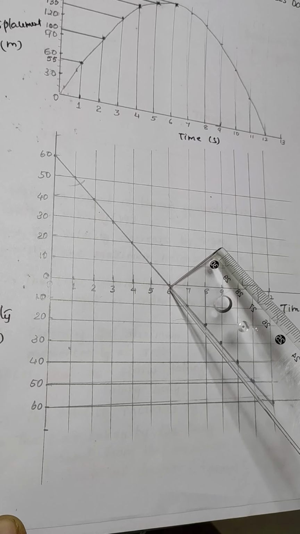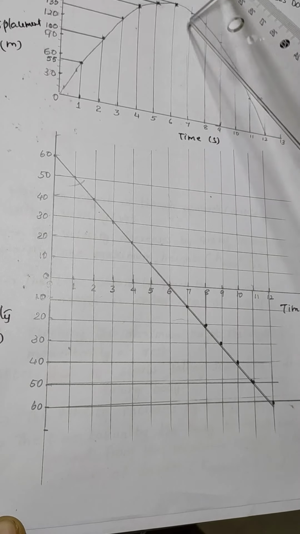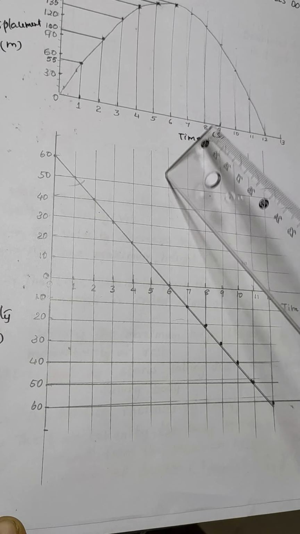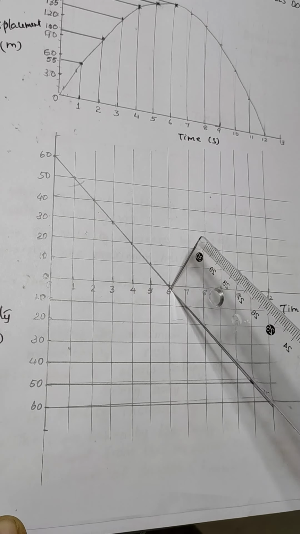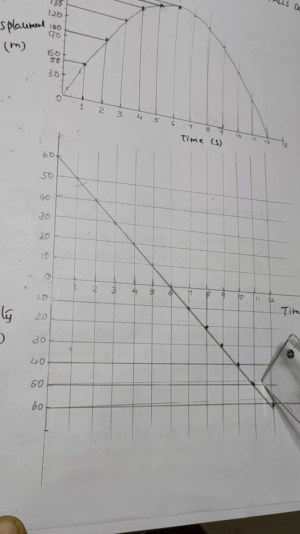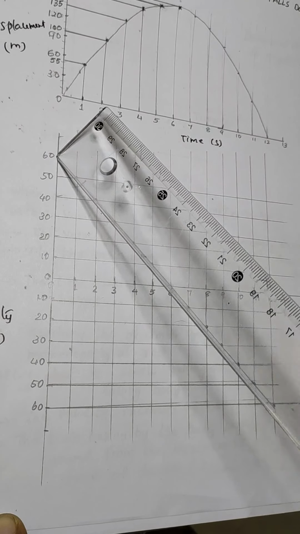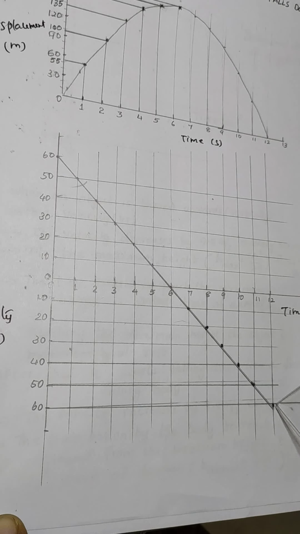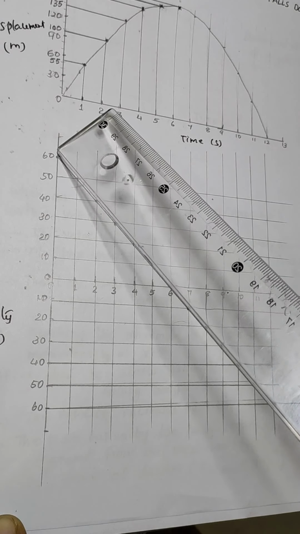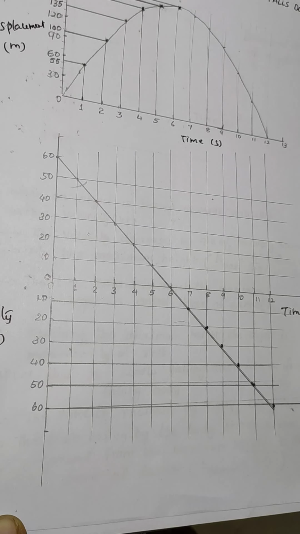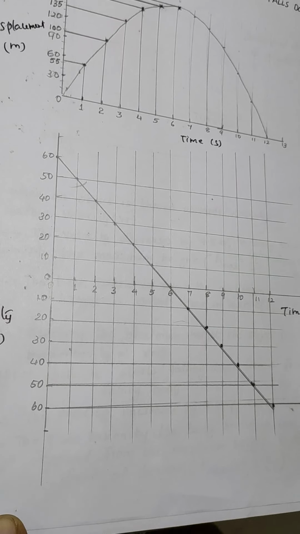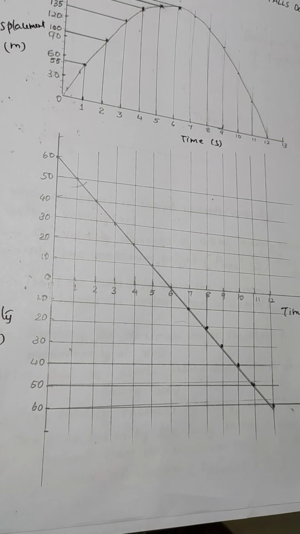When it reaches the maximum height, the velocity becomes zero, and then when it falls down, the velocity increases. And the final velocity just before touching the ground will be the same velocity with which it was thrown up. So there are so many things that you have to consider here.